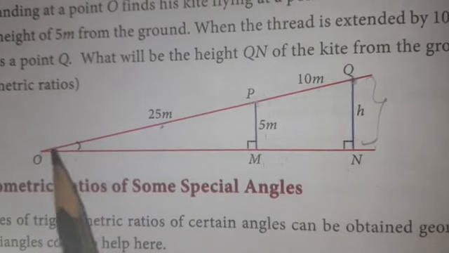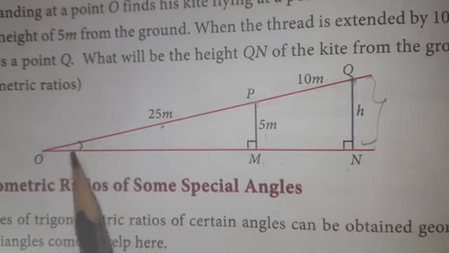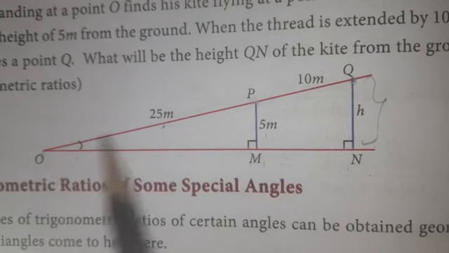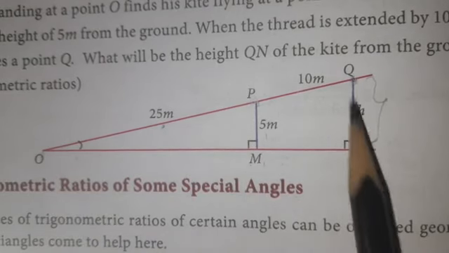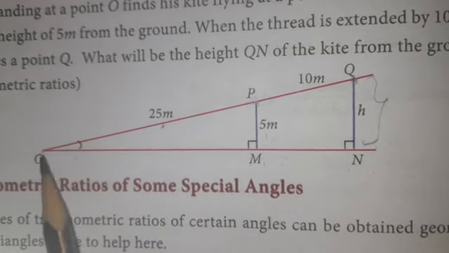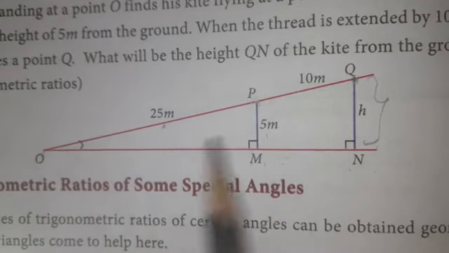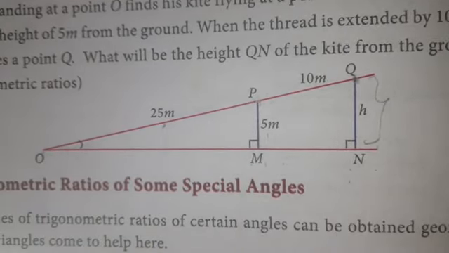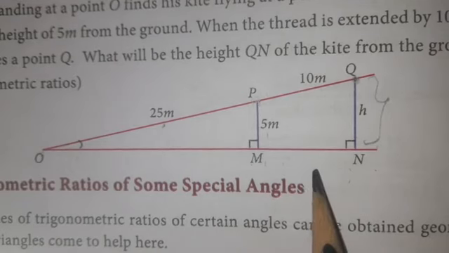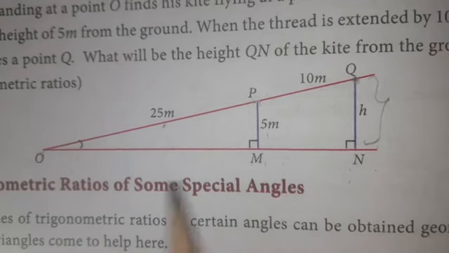Here, this is one triangle, triangle OPM. Another, the full triangle, is OQN. This is the smaller triangle OPM, and the other is the full triangle OQN. These two triangles are similar: triangle OPM and triangle OQN.